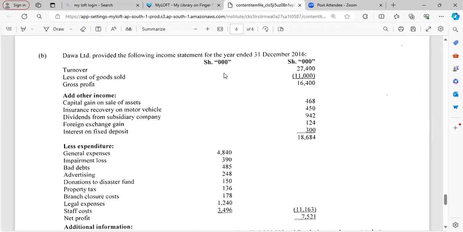Let me see. Boniface, can you read for us? Which year? 2017 November, question 5B. It displays on my screen.